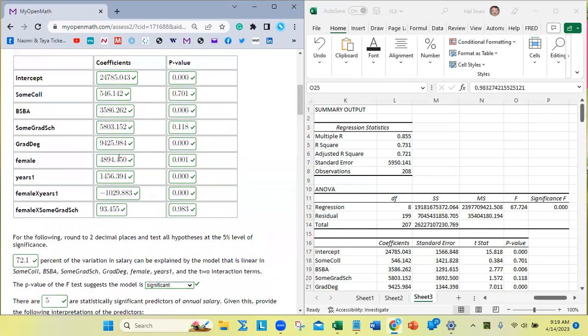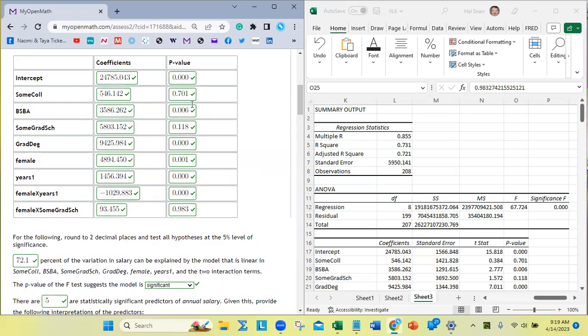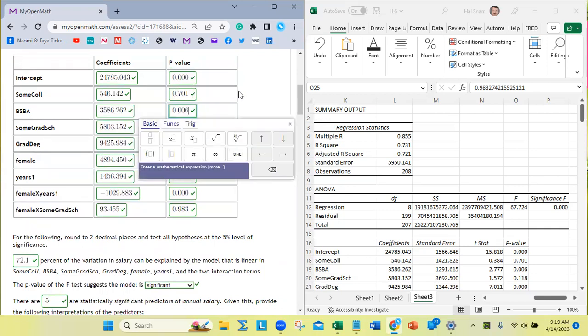Cool, right? Some college does not predict salary, which kind of makes sense, right? Because a banker probably considers a person who graduated from high school and a person that finished 1 or 2 years of college to be kind of on the same level, right? Whereas a person that graduates from college, that's gonna raise your salary.